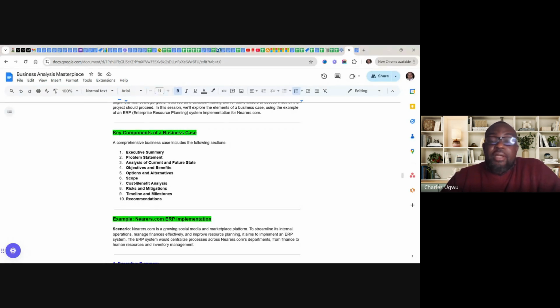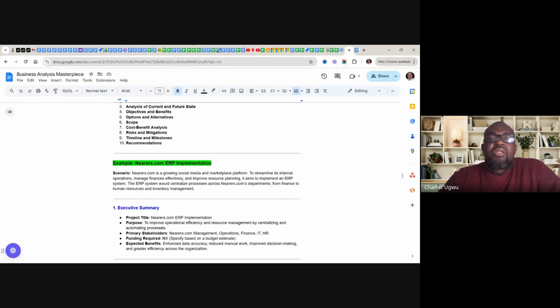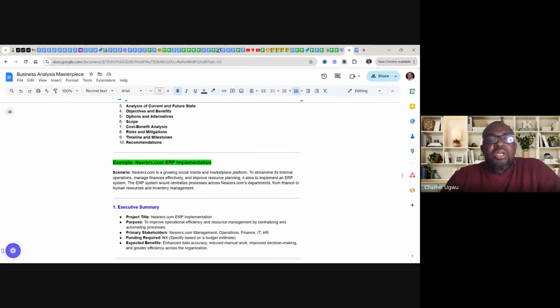So the business case is very, very important. Let's look at the components we've seen here. We are going to use NERAS as a scenario base to understand this. The scenario here, where we want to develop a business case for NERAS, is neras.com, a growing social media and marketplace platform, to streamline its internal operation, manage finances effectively, and improve resource planning.